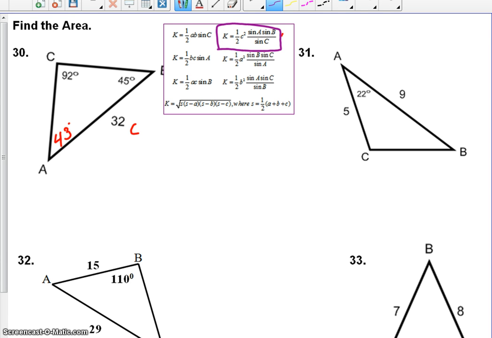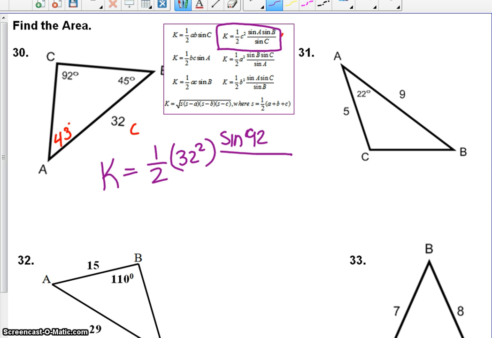This is the one I want to use: 1/2 of C squared sine A sine B over sine C. So my K equals 1/2 times C squared, which is 32 squared, and then sine of A, sine of 43, sine of B, sine of 45, all over sine of 92.